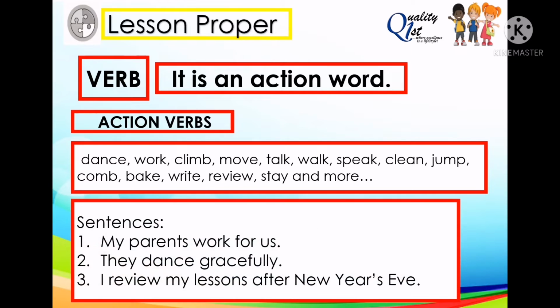Now let's have the sentences. Number 1, my parents work for us. Number 2, they dance gracefully. And number 3, I review my lessons after New Year's Eve. Now the verbs in the sentences are work, dance, and review. Well done, kids.